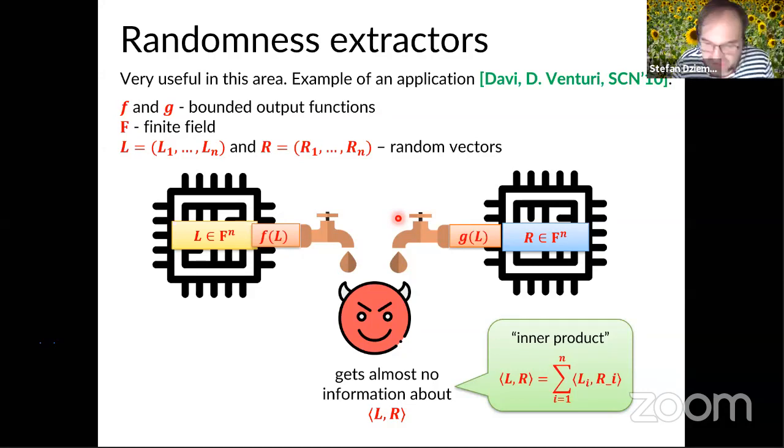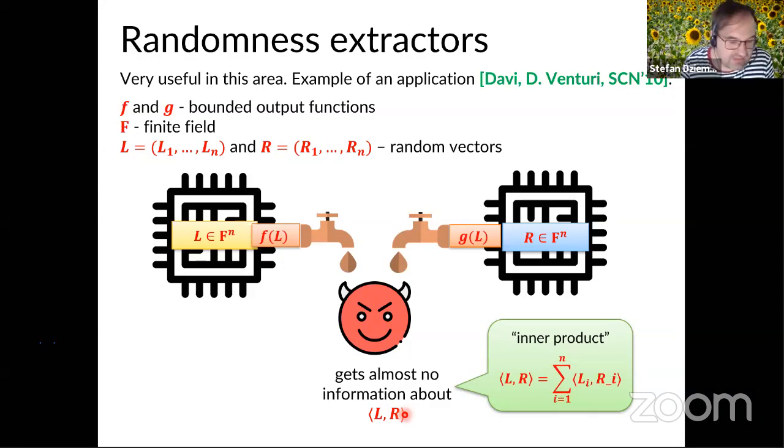This is a standard thing from a randomness extractor. The fact that this inner product is secure is stated in a slightly different way in this literature, but basically that's what they show. This goes back to the 80s, the Chor and Goldreich paper showing that this is an extractor. So in such a situation the adversary gets almost no information about the inner product.